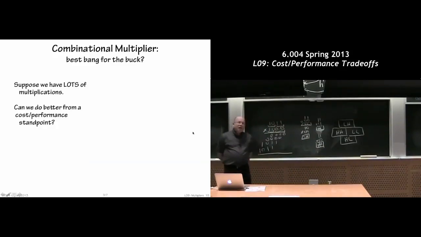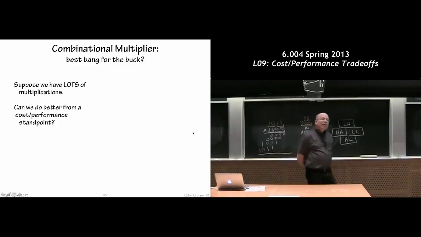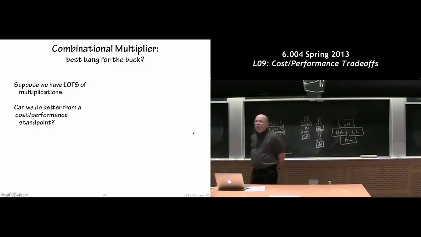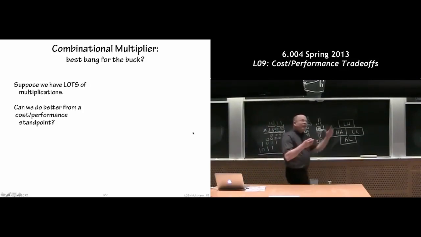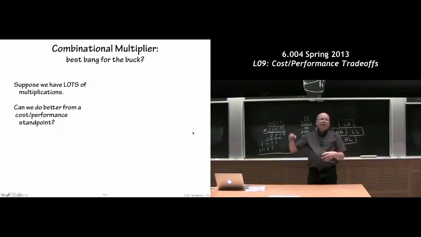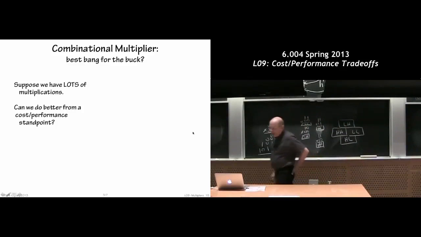Okay, suppose we have lots of multiplications. Suppose you have to do not one multiplication, but you are in a digital signal processing environment where you have to do millions and millions of multiplications. You're taking in a stream of audio and converting it into MP3, and that involves polyphase filters and FFTs, and you have a lot of multiplications you need to do.